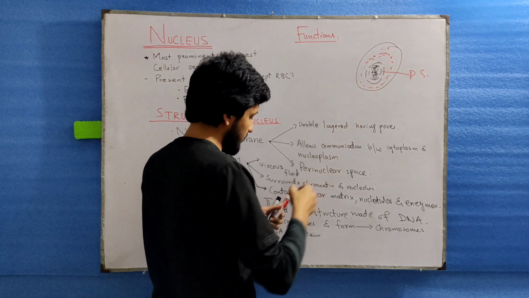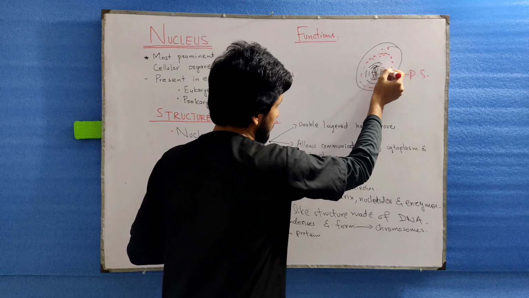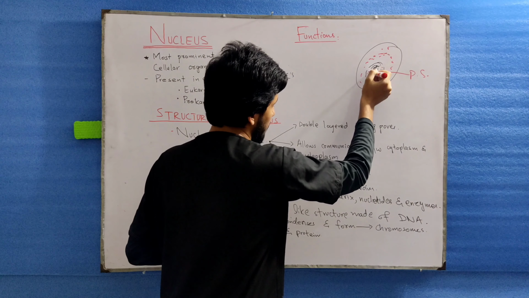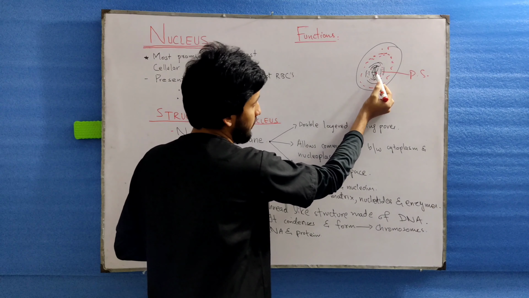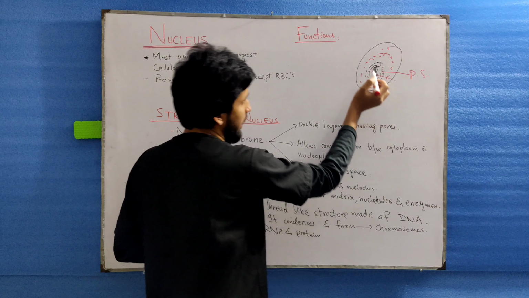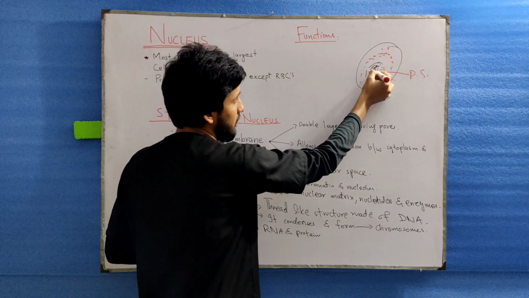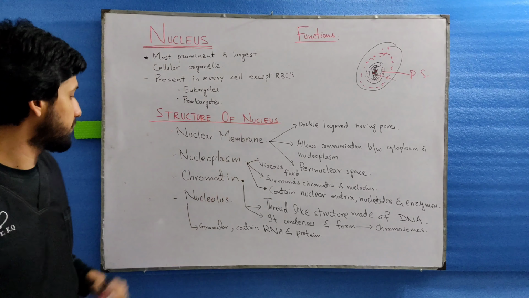This is cytoplasm, and here this is nucleoplasm. This nucleoplasm is surrounding the dense material, that is chromatin, and the nucleolus, which are granular structures present in the nucleus. So it contains nuclear matrix, nucleotides, and some enzymes which perform different functions in the cell.